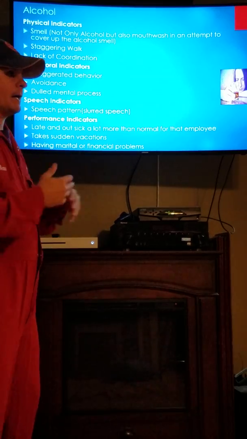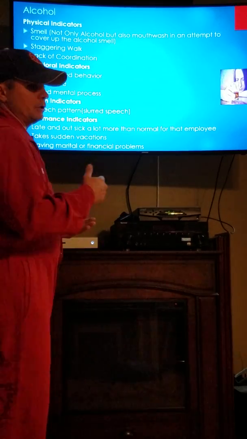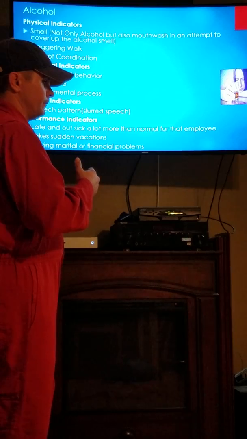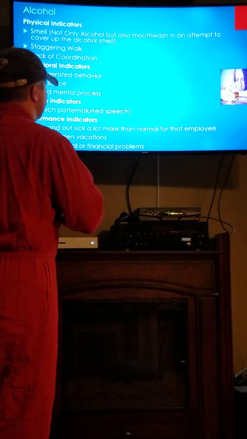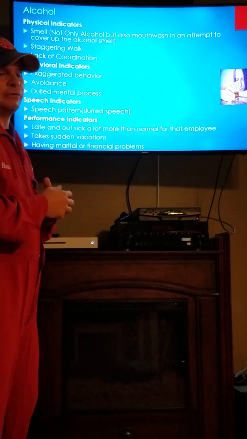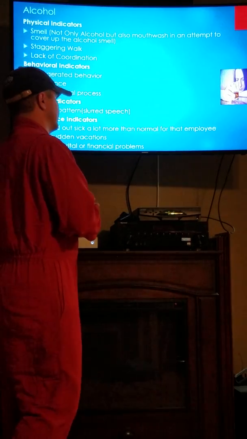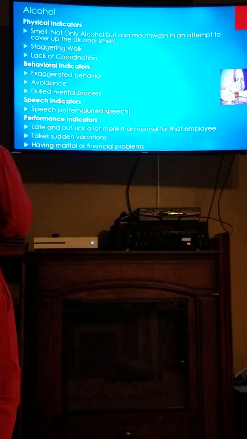It may be a common indicator. So really know your drug, know the signs and symptoms of that particular drug if you do suspect an employee is using that drug and/or alcohol.